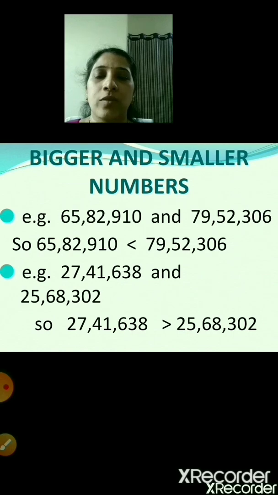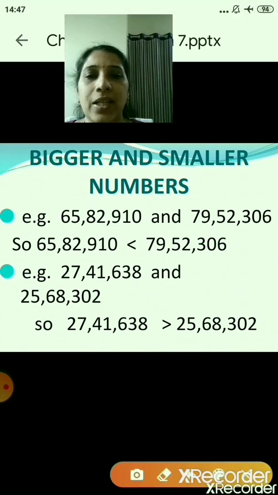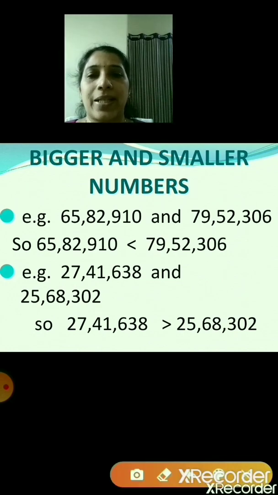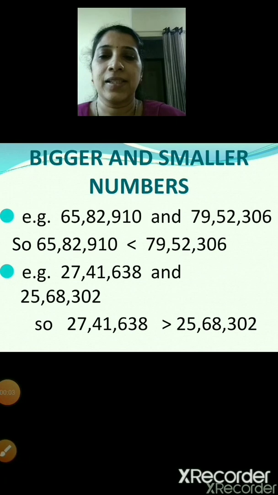First we are going to see whether both sides have the same number of digits, right? How many digits is it? It is a 7-digit number, right children? So on both sides it is 7 digits. When both sides have 7 digits, we are going to start the comparison from the left hand side. The first digit on your left hand side is 6.